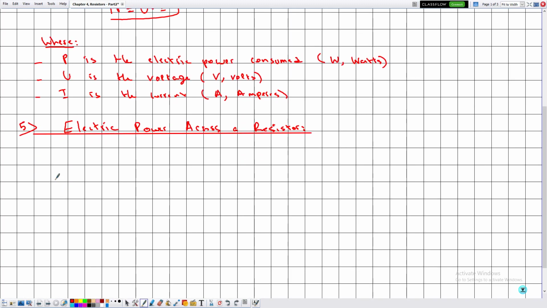So we know that the electric power in general is given by P is equal to U multiplied by I. So this is the first form.